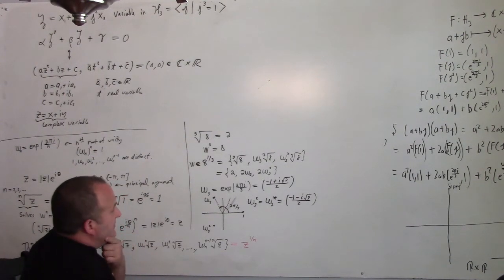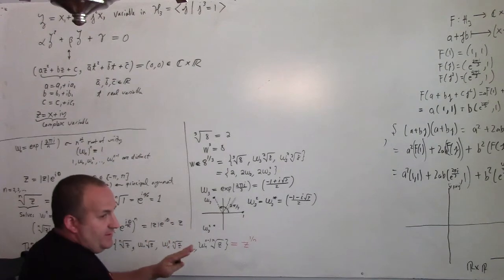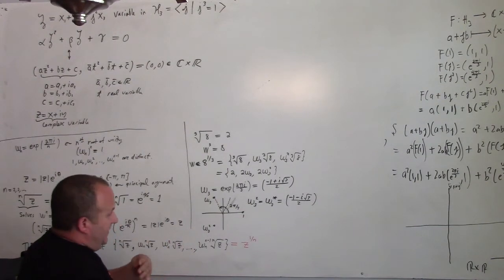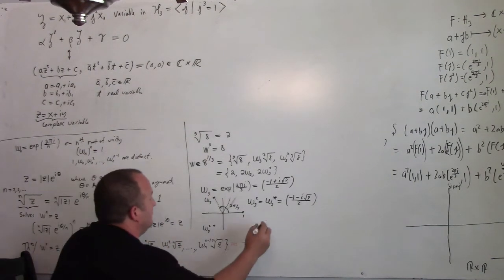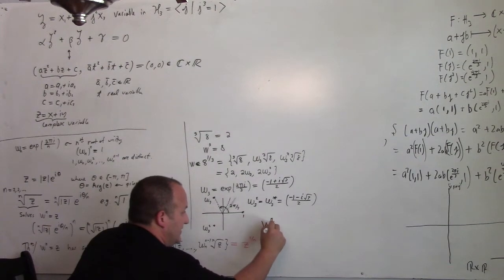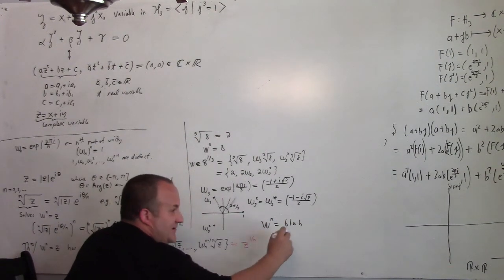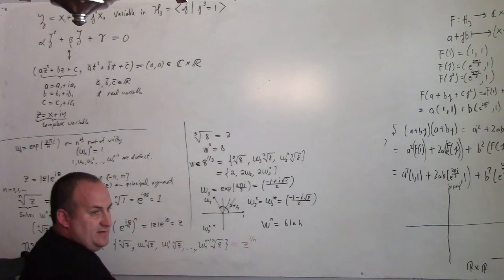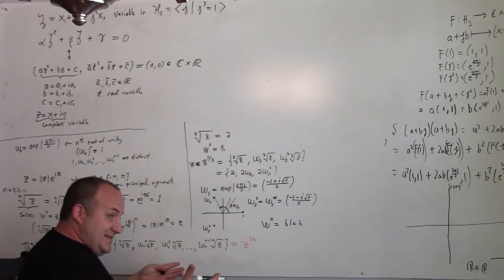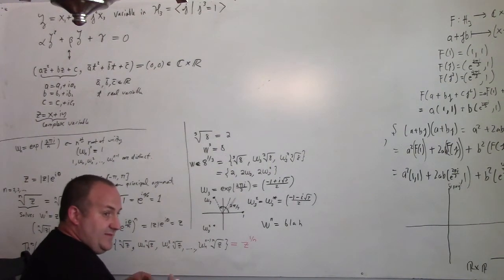My point is just that if we have a complex equation that comes out to w to the n equals blah, we can solve that equation. The equation has n solutions: w is an element of the set of nth roots of blah.